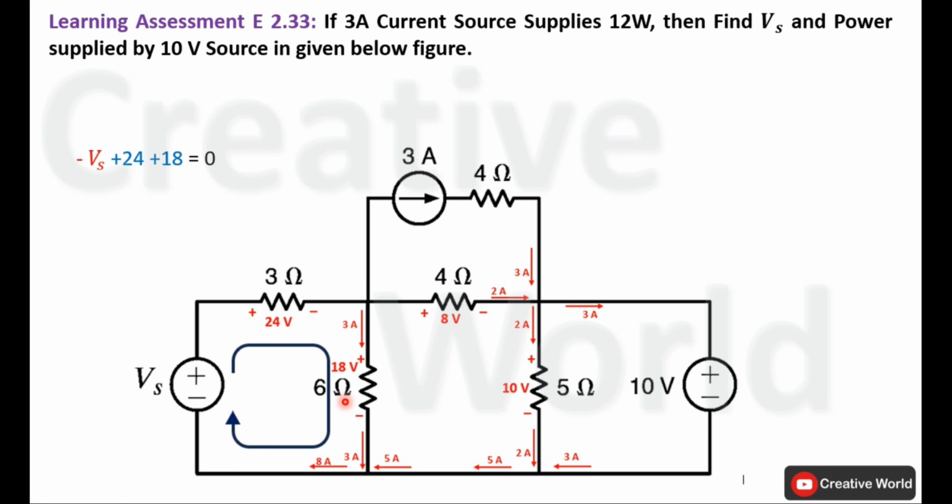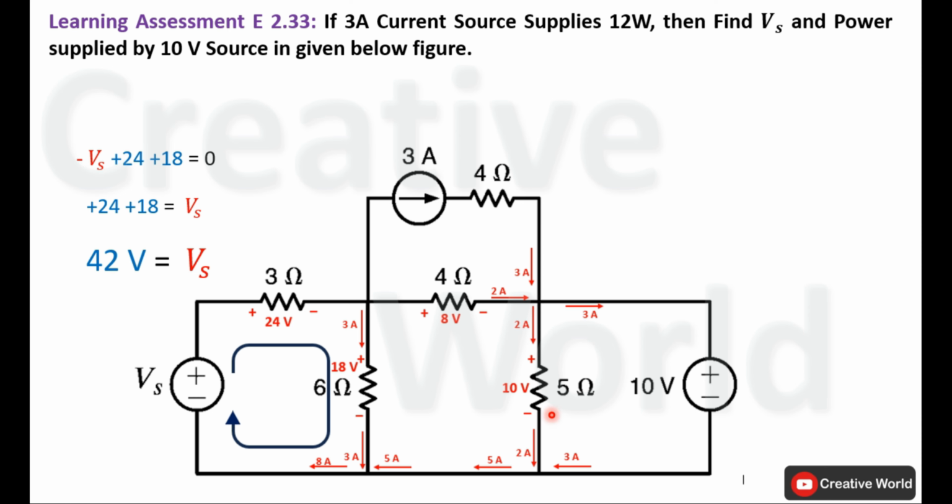Similar case will be with 6 ohm resistance, current entering terminal is positive, so voltage across this 6 ohm resistance will be taken with positive sign. Now place this Vs on the other hand side of equal to make it positive. Add these values together to calculate the value of Vs, that is 42 volt. We have calculated the value of Vs.